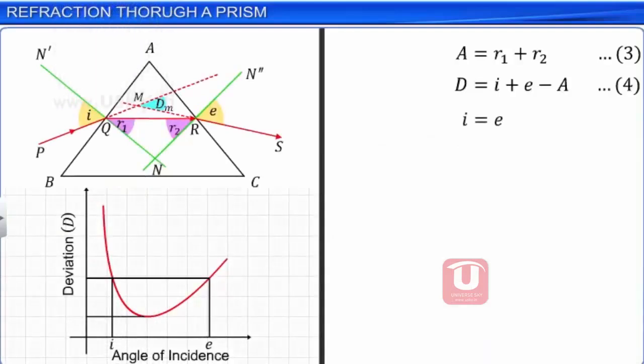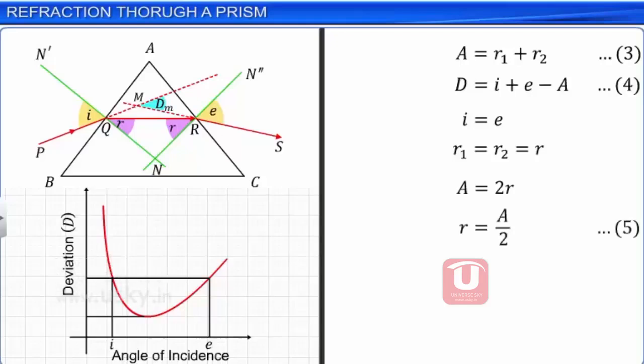Hence, when the prism is at its minimum deviation, equation 3 can be written as A is equal to 2R, or R is equal to A by 2. Equation 4 can be written as dm is equal to 2I minus A, or I is equal to (A plus dm) by 2.